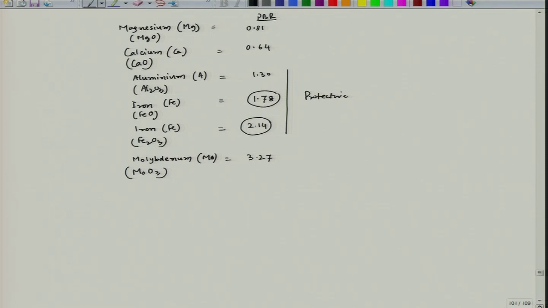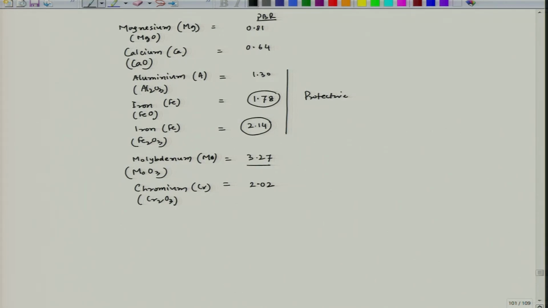But in this case, of course, I will not expect that much oxidation resistance as per the PBr fundamentals. Then chromium, where the oxide is Cr2O3, the PBr becomes 2.02.